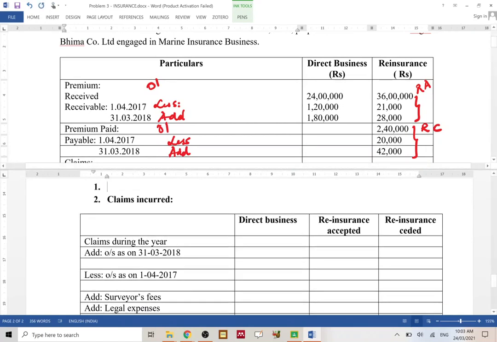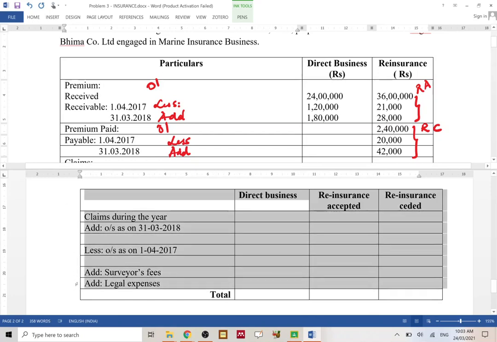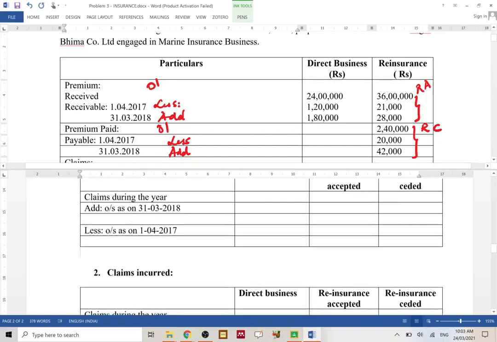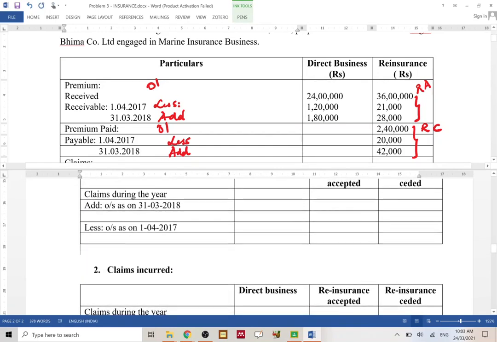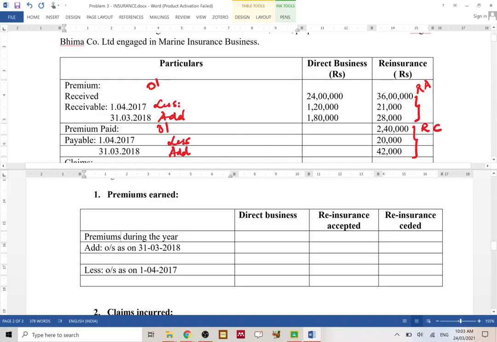Okay, so premiums earned, working note for premiums earned, and a similar type of table will also be prepared for premiums. Done? Okay, so instead of claims, we will write here premiums during the year.